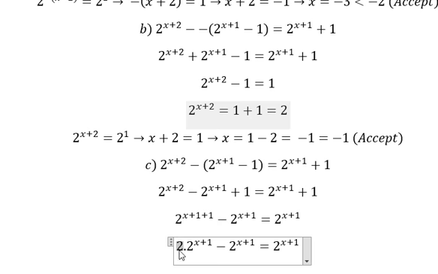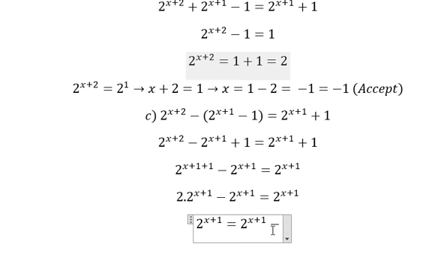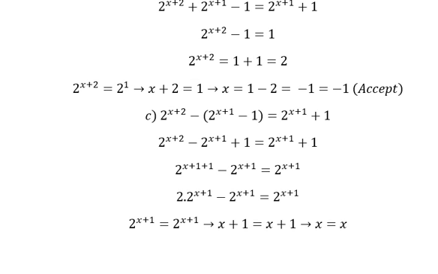That's about 2 to the power of number 1 in here. This one minus this one because we have the same this one in here. So that means we got about x plus 1 equals to x plus 1. And in this situation, you got about x equals to x.